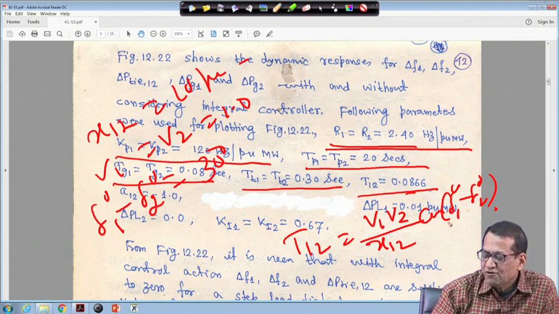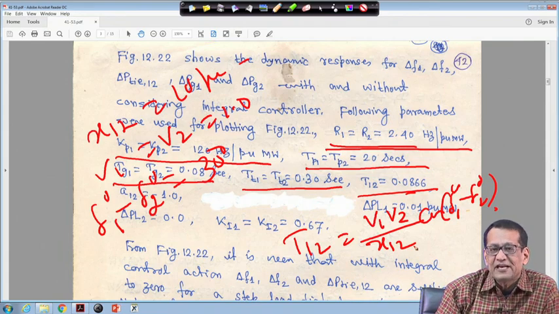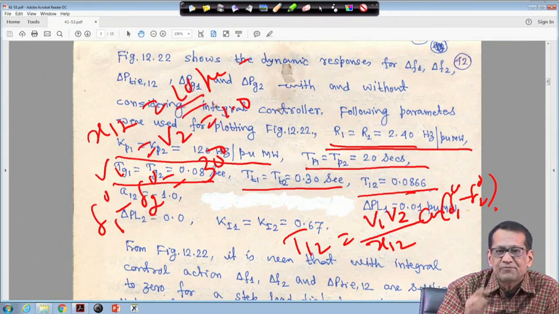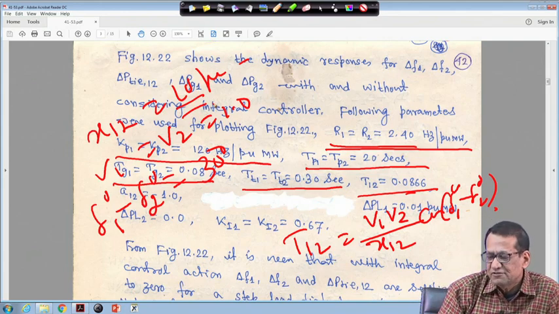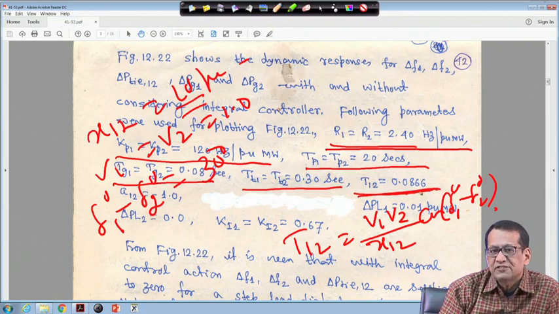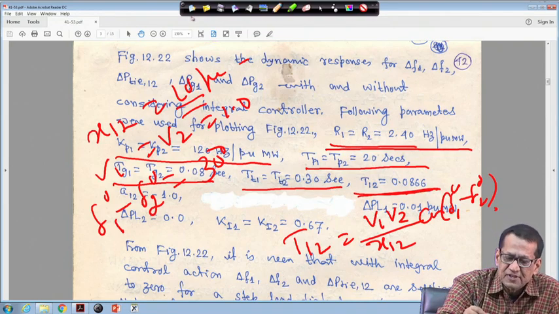So it will be cos 30 upon 10, because X12 we have taken 10 per unit, right. So cos 30 is 0.866 divided by 10, 0.0866, that is why this T12 is 0.0866, right.